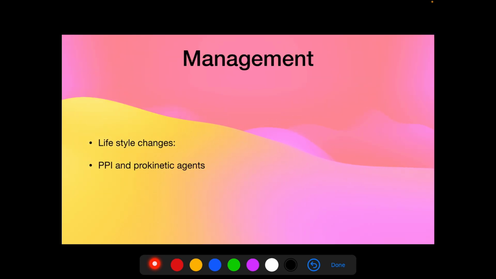Now in the management, the most required management in this condition is lifestyle changes.